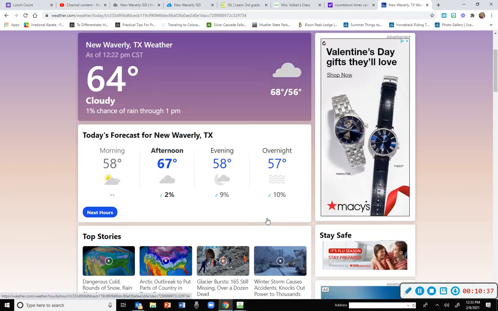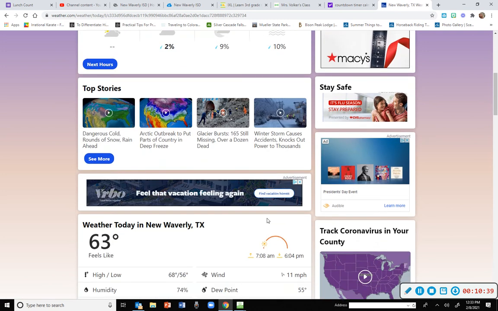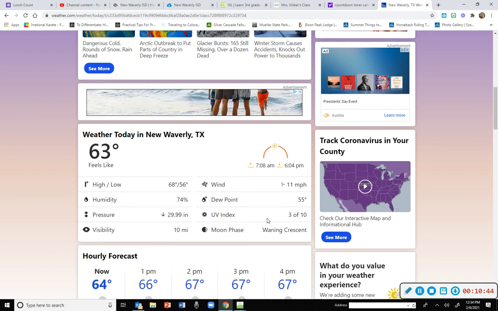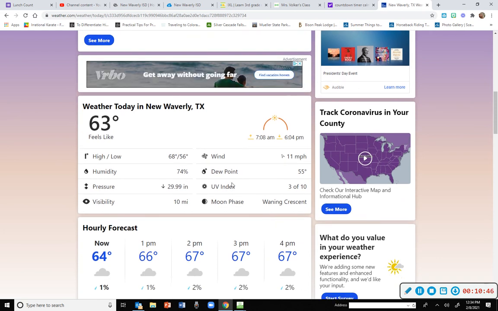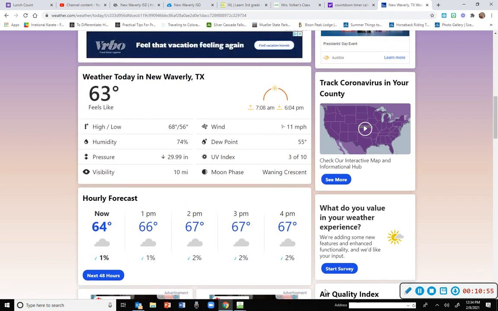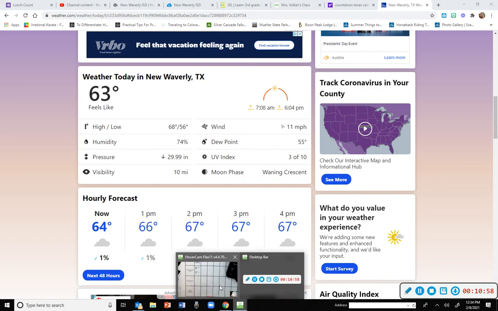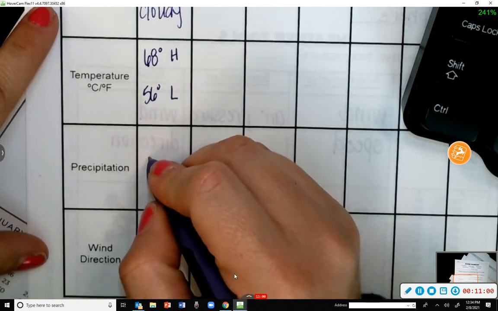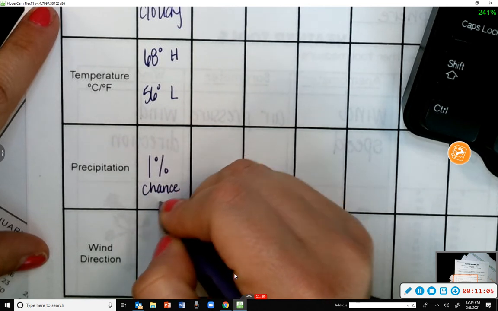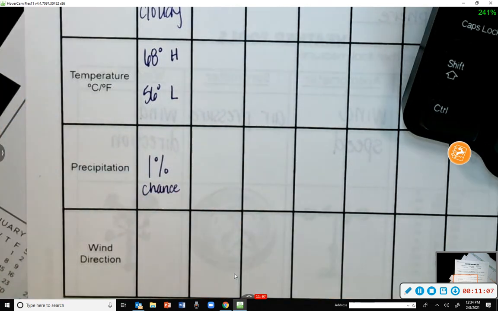So we could say the chance of rain today is, if you look down, we'll just say 1%, because that's what it is for the school day for the most part. So you would write 1% chance. That's a very, very small chance that it would rain.